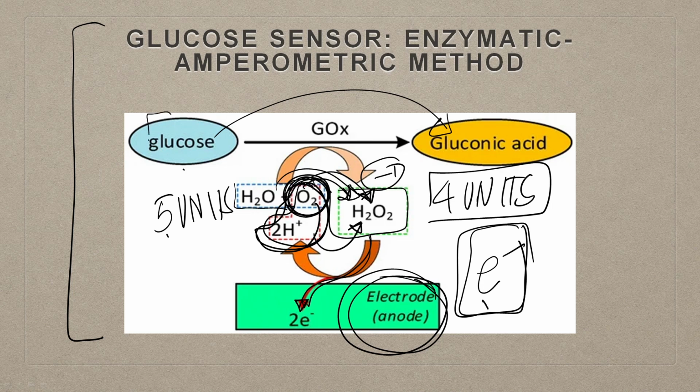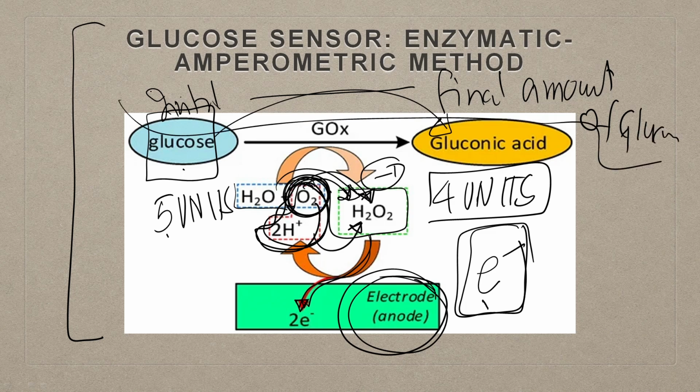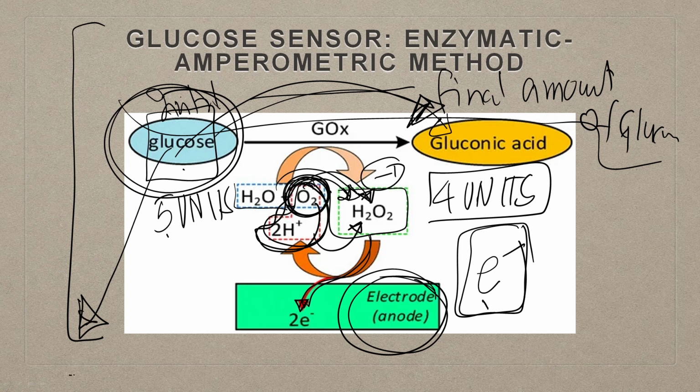Now, if you know the initial amount of glucose and the final amount of glucose, then you know how many electrons have traveled in that process. That means the reduction of the glucose concentration in the process could be quantified in terms of electron transport.